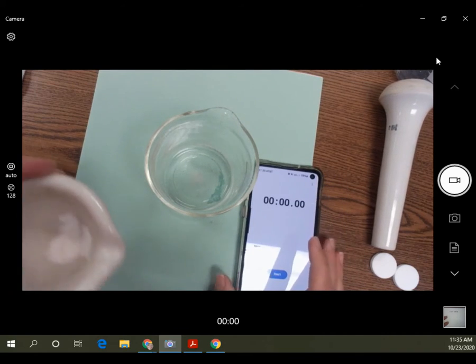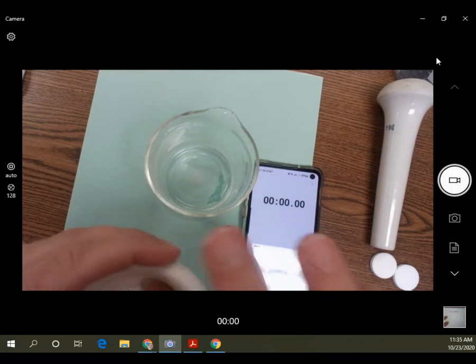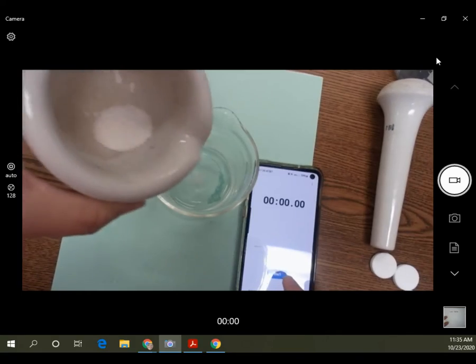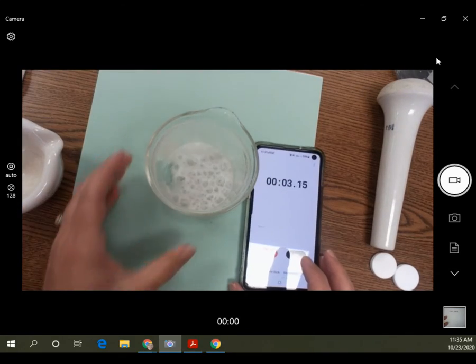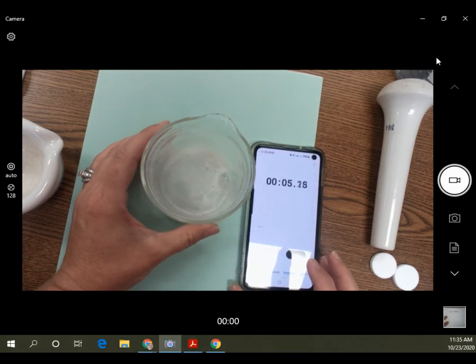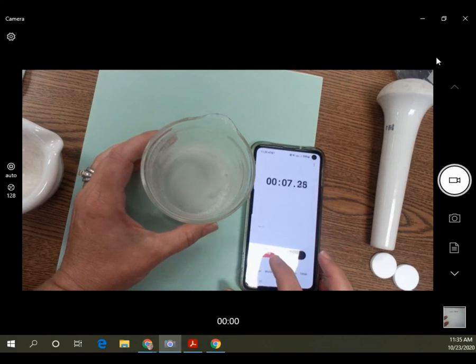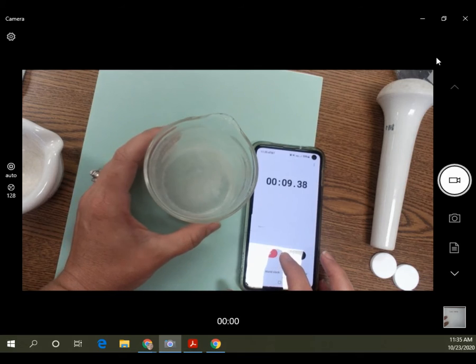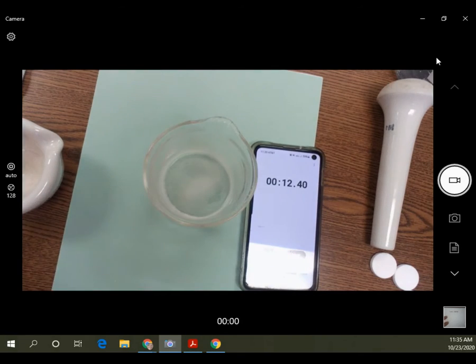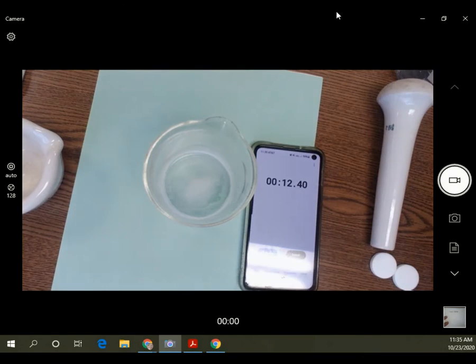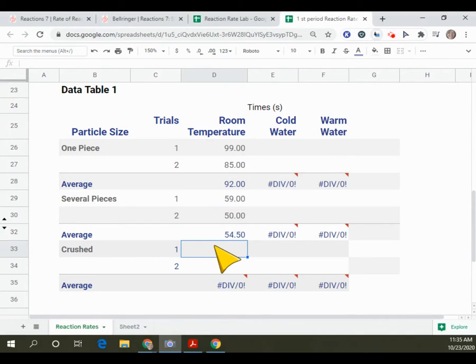So ready, set, go. You didn't even have to really swirl that one. And I think we're good. So 12.4, that's going to round off just to 12 seconds. We put in our data.